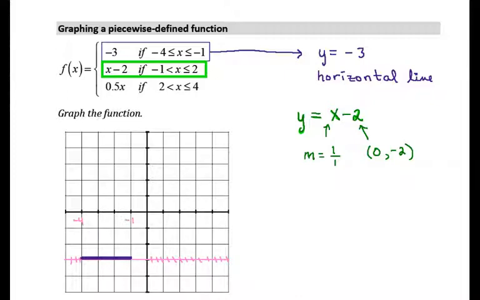Even if x equals 0 isn't in my set of x values, I'm going to go ahead and let myself use the y-intercept to draw the line because it's just easier. We're so used to using slope and y-intercept. So there's my y-intercept. I'm going to try and pass through that with a slope of 1. That looks right. So there's my line.